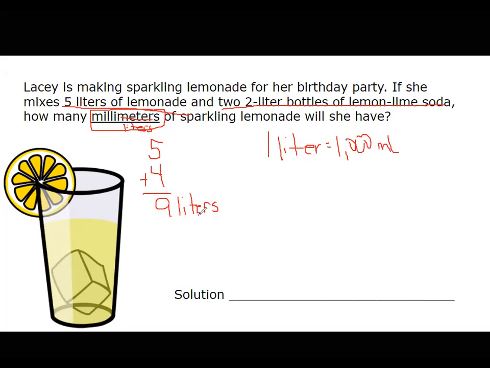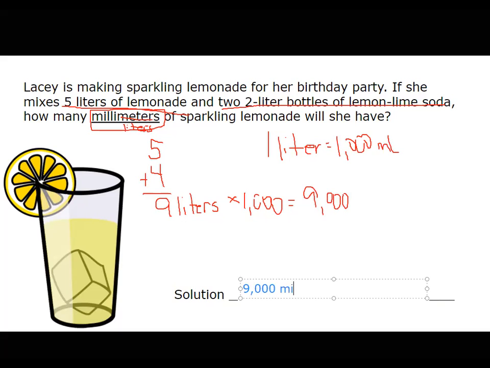So we're going from liters that are larger to milliliters that are smaller. So we're going to multiply. So we're going to take the 9 liters and multiply by 1,000 to figure out how many milliliters that would be. 9 times 1,000 would give us 9,000 milliliters. So she will have 9,000 milliliters of sparkling lemonade for her birthday.